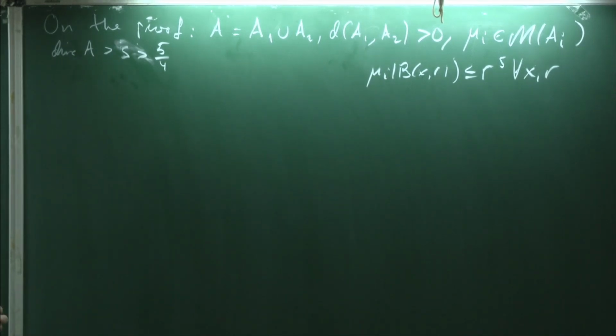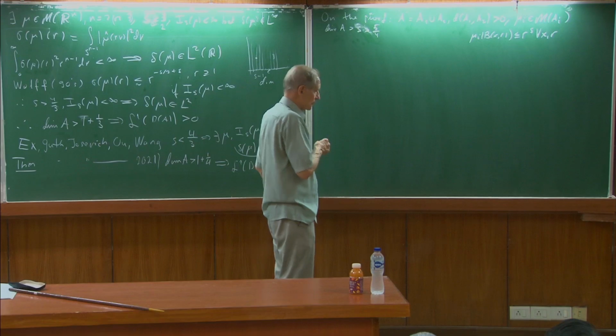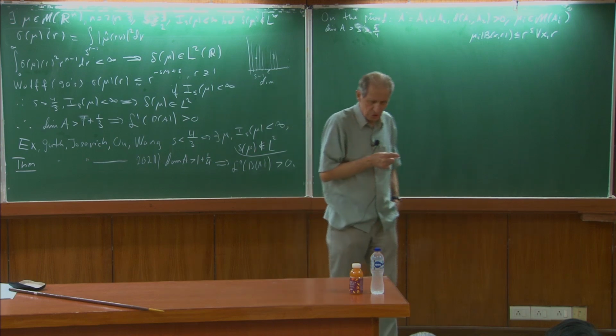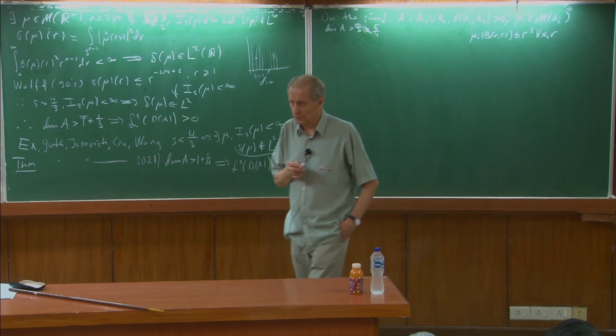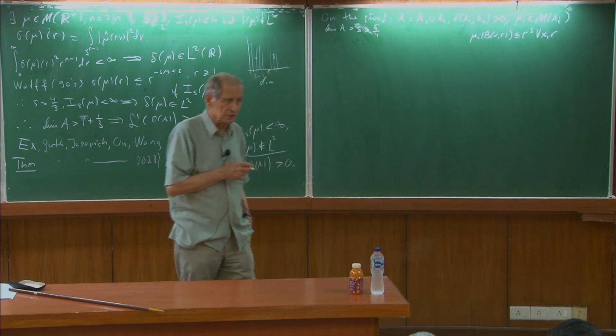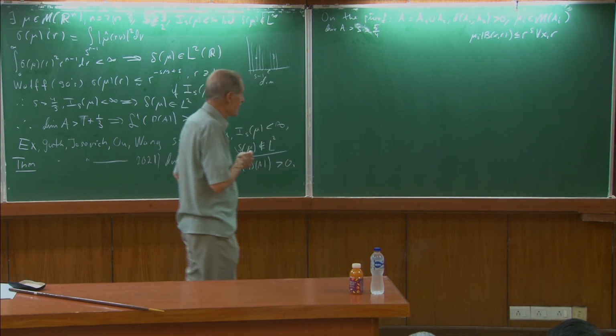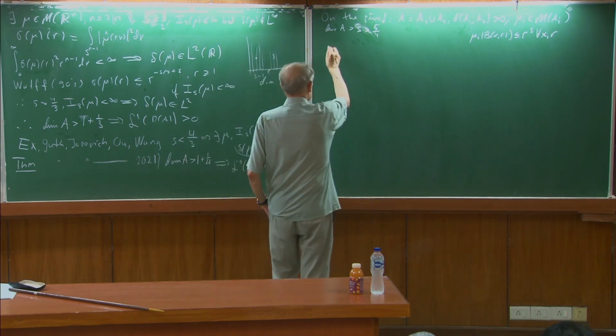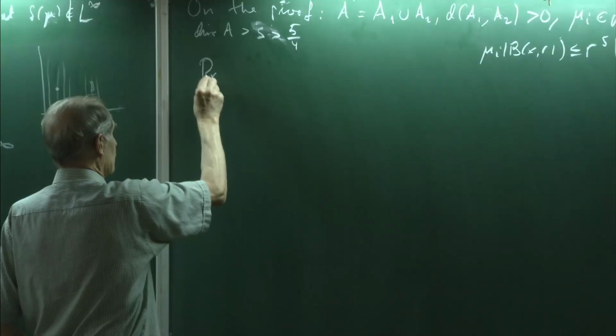And what they do, they actually prove more. They prove that the pinned distance set has positive measure from many points. So the pinned distance set is just the distance set from a point.